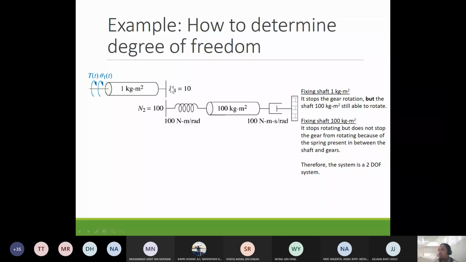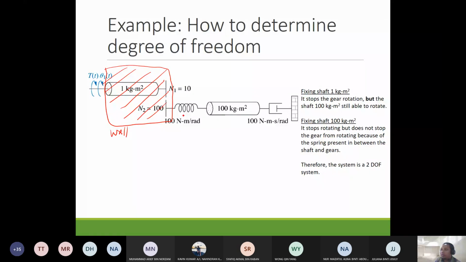So when gear N1 and N2 stop moving, this whole section here will become like a wall. So when this section becomes a wall, then this connection is actually a 1 degree of freedom connection.